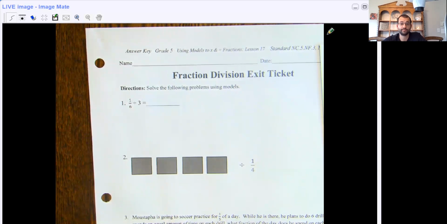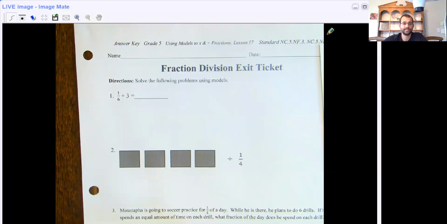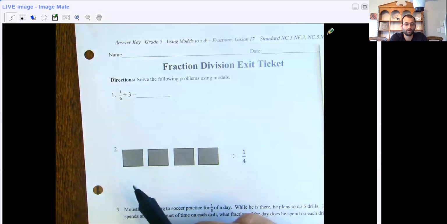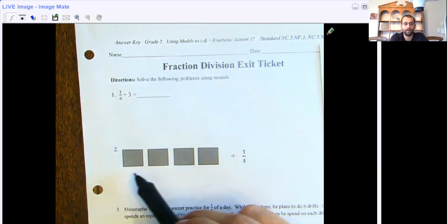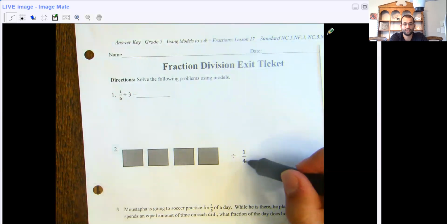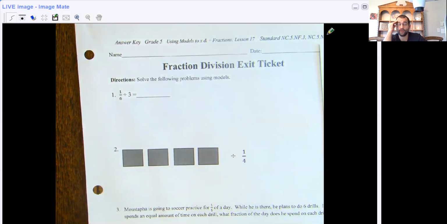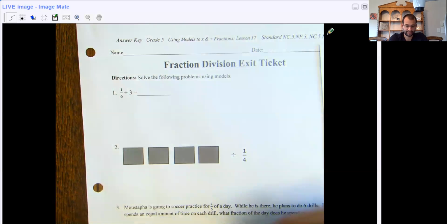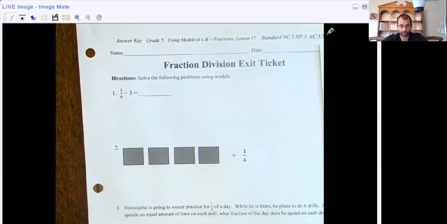Now be careful, because this one does have a fraction by a whole number, but it also has a whole number by a fraction. So we might have to go back and say, wait a minute, what did we do again when we got to our whole number by a fraction? So once everyone's finished, you'll do this exit ticket, and we are taking this for a quiz grade.